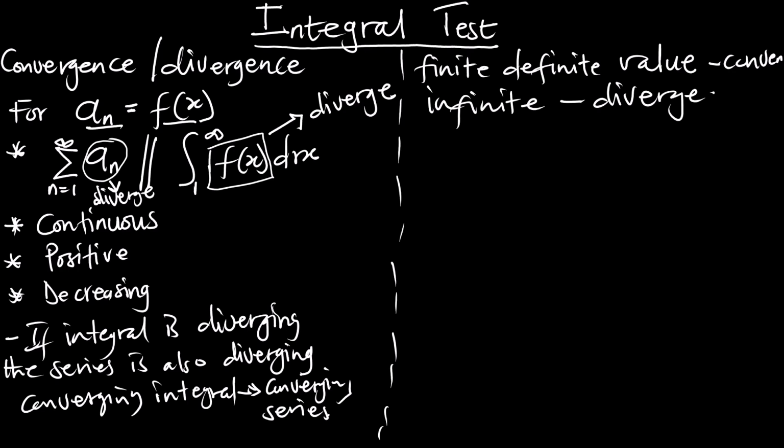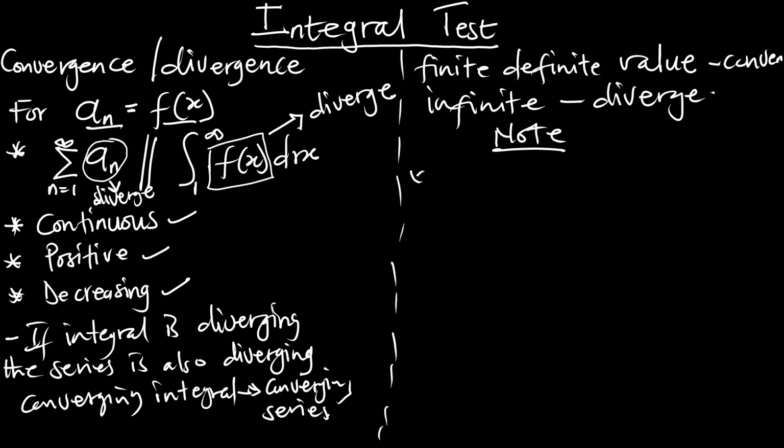Very good. All right, so there are some keynotes we should pay attention to, apart from the fact that we are going to test the function by knowing if it is continuous, positive, or decreasing. Number one: the integral test tells the convergence or divergence of a series, but does not necessarily give the sum of the series. You understand?